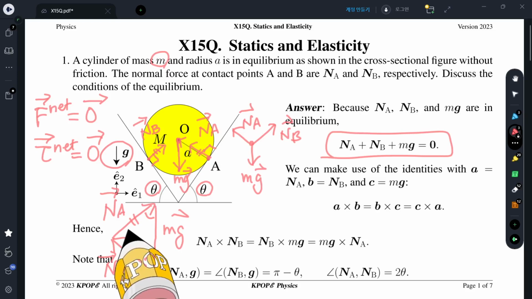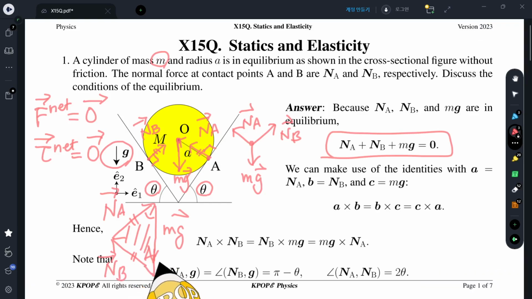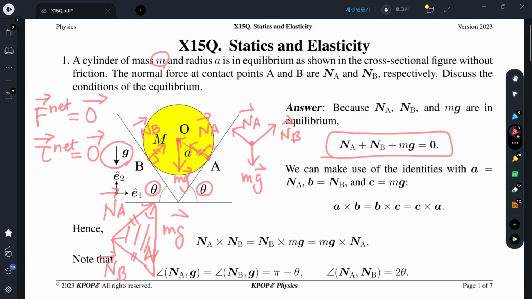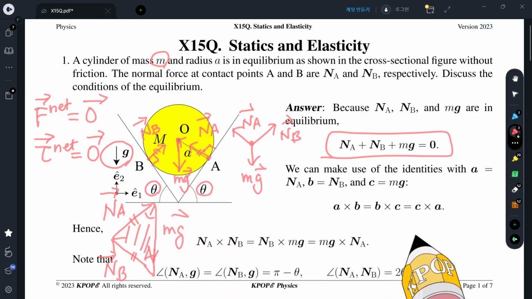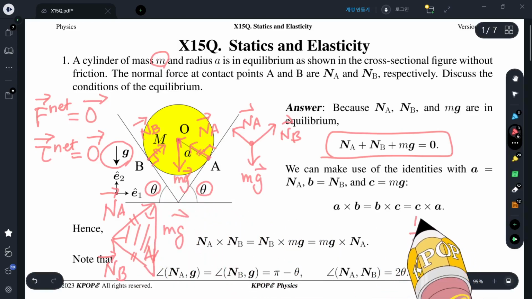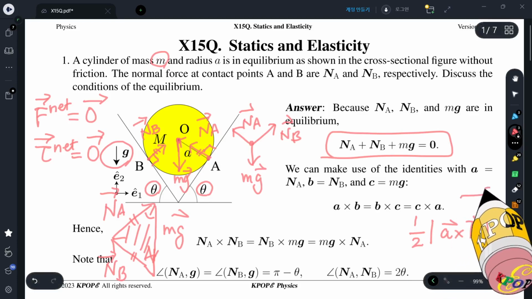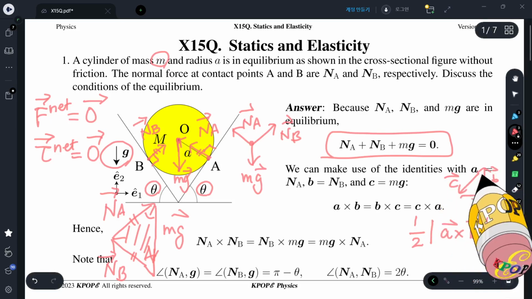So in here, this is the area of the triangle. The area of a triangle can be computed as 1/2 times the absolute value of A cross B when A, B, C construct a triangle.